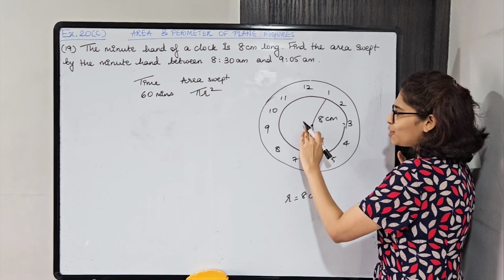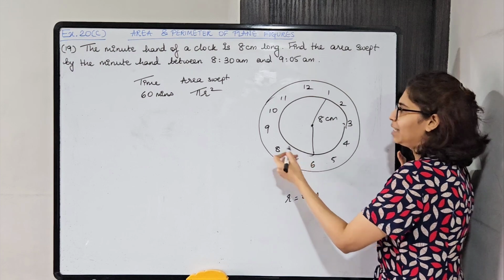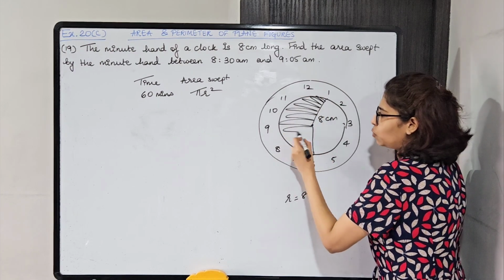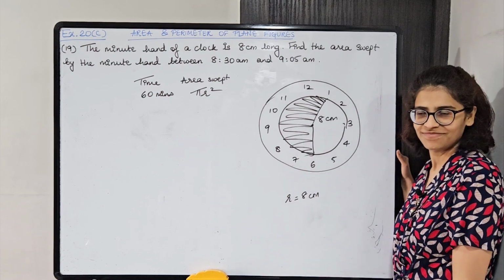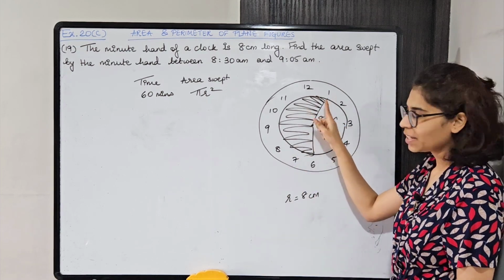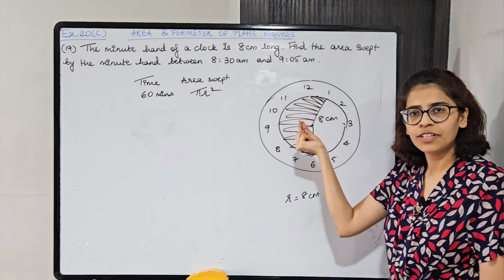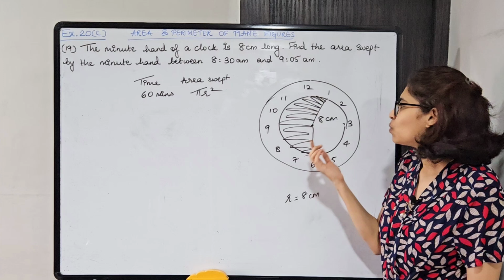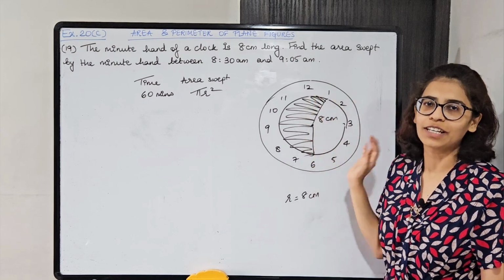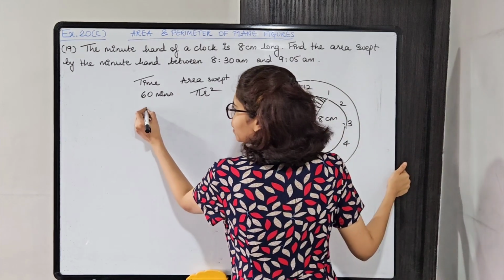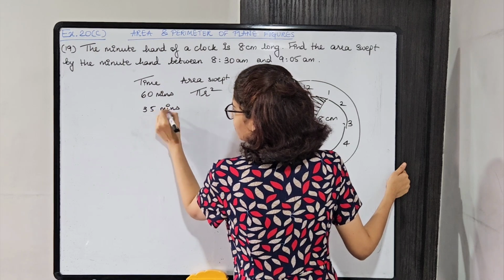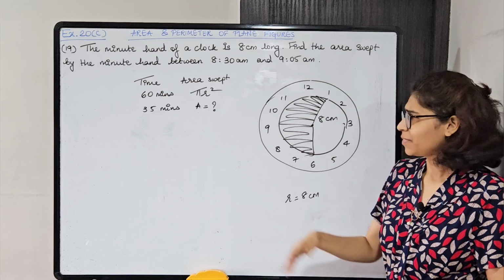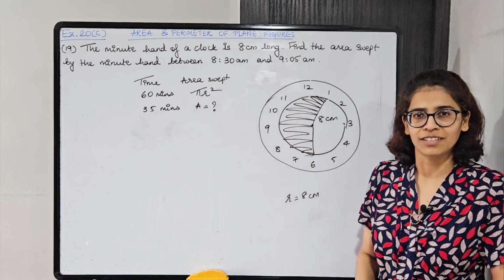So we are interested in knowing कि 8:30 से लेके 9:05 तक कितना area sweep हुआ है. This will be the area. 8:30 to 9, half an hour, 30 minutes, and यहाँ से यहाँ 5 minutes. So 30 plus 5, 35 minutes. So in 35 minutes, how much area will be swept by the minute hand? आराम से क्रॉस मल्टीप्लाई करके आंसर मिल जाएगा, right?